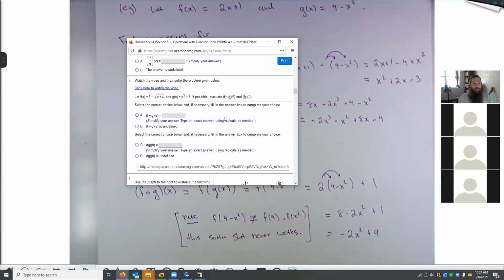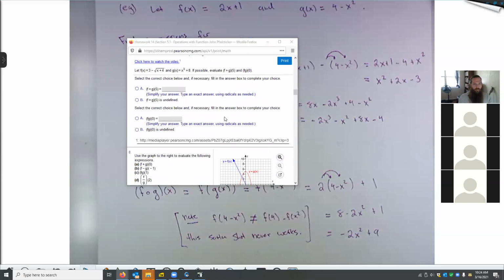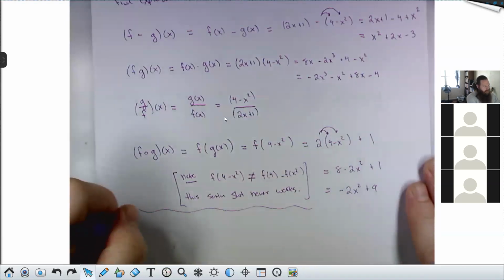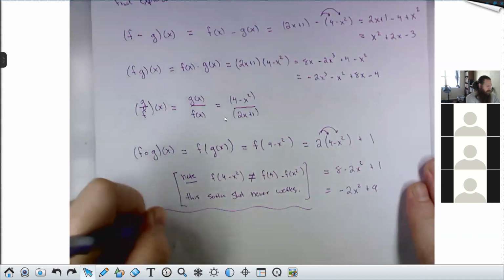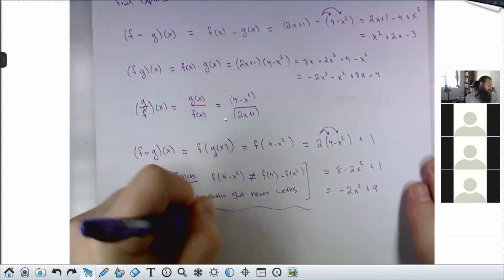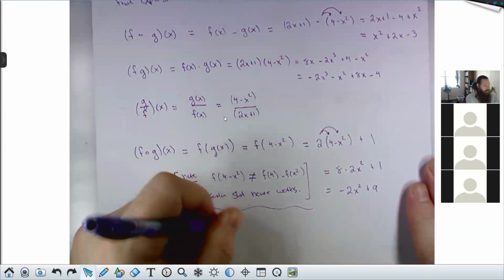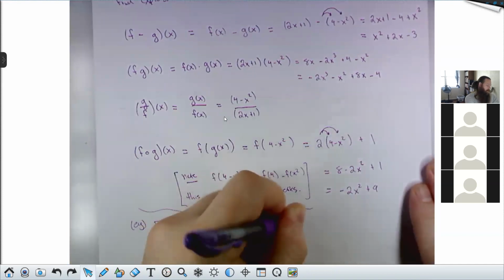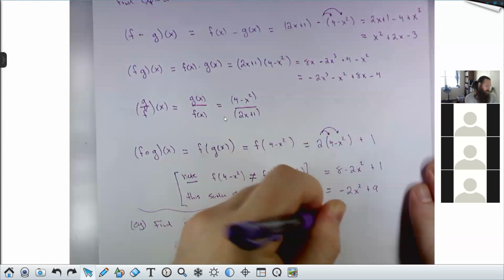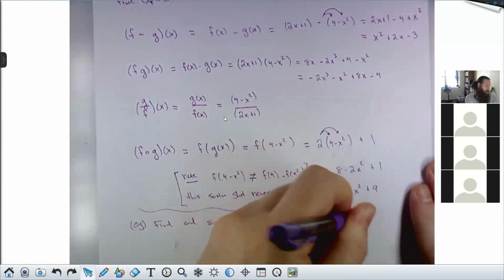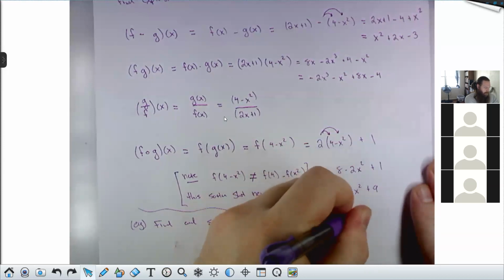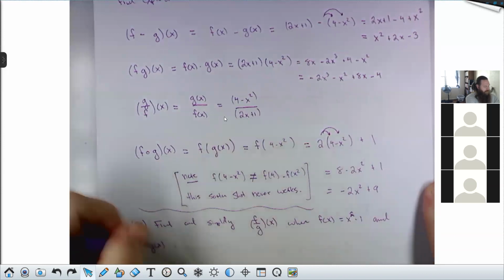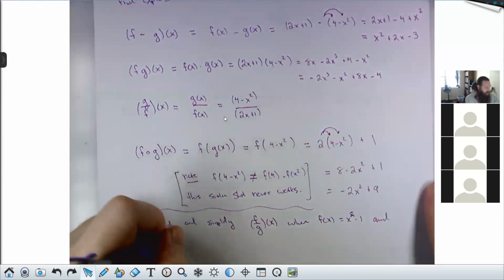But then I do want to go on to some of these that use the graphs. So just for fun, let's say find and simplify f over g of x, where f of x is x squared minus 1 and g of x is x plus 1.